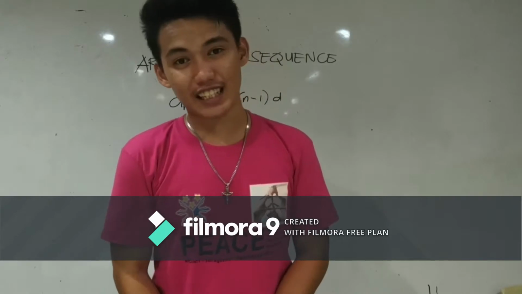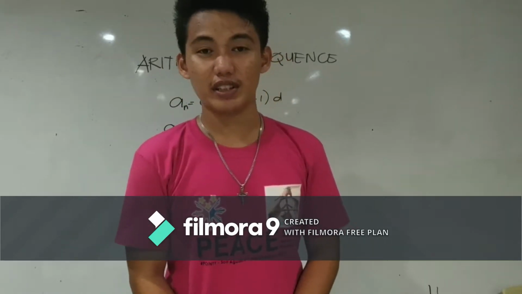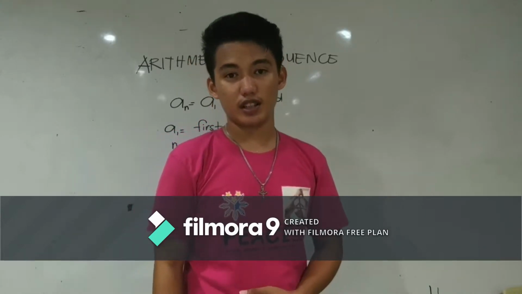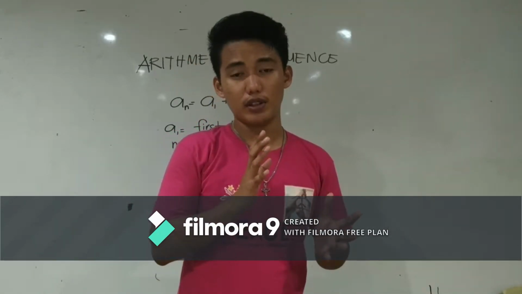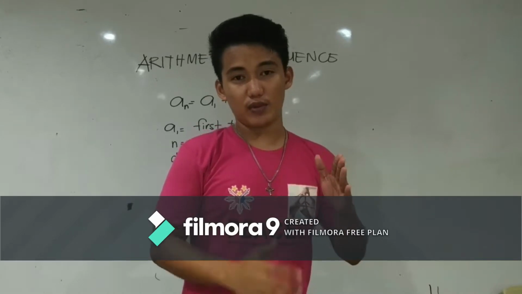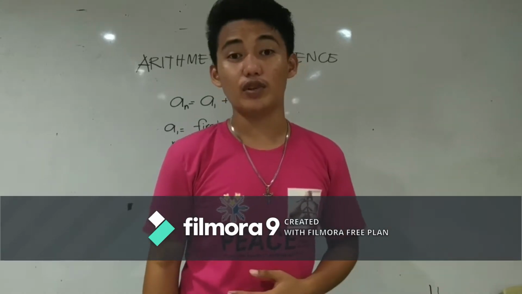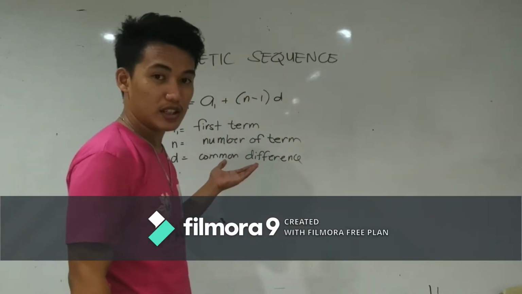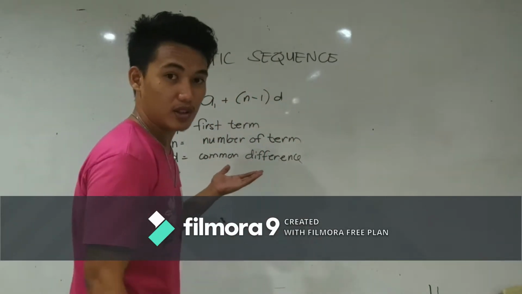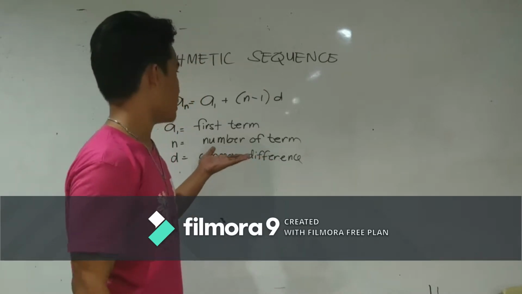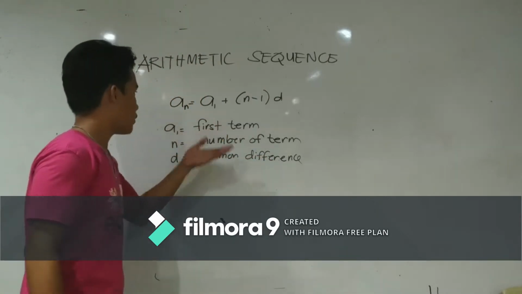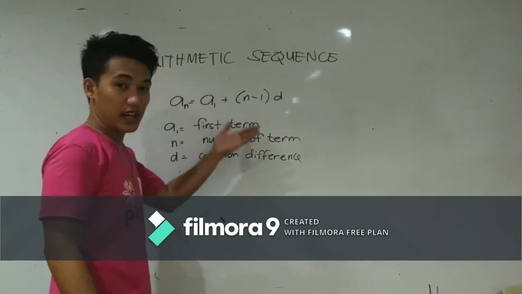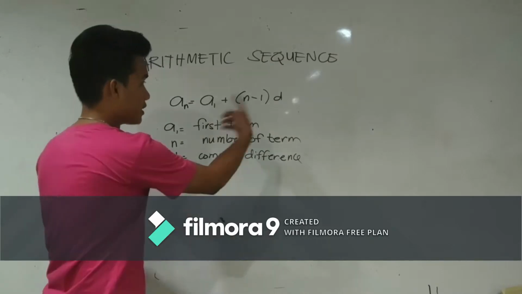So in short, an arithmetic sequence is a sequence of numbers that has a common difference between its consecutive terms. So we have here a formula to find the next term of an arithmetic sequence. The formula is a sub n is equal to a sub 1 plus n minus 1 times d.